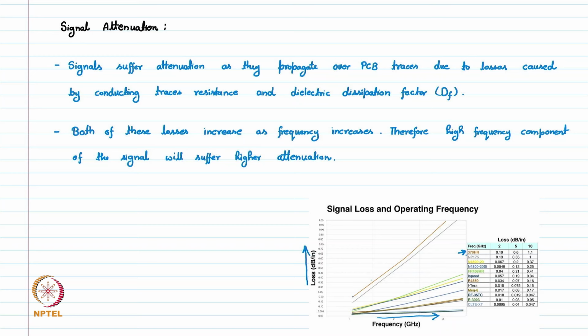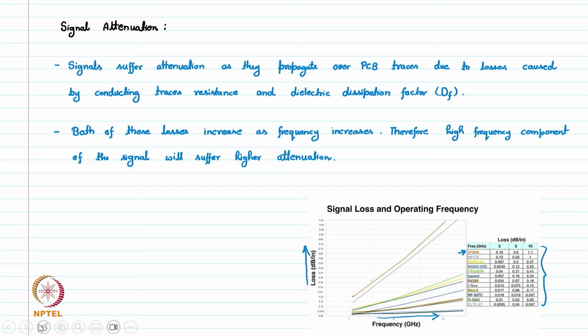So for example, one graph is for the 370 HR, which is one grade of PCB. Then we have some other materials. There are so many materials available in the market to manufacture the PCB, and the loss depends on what material we choose. But in all the materials, the loss actually increases with frequency.